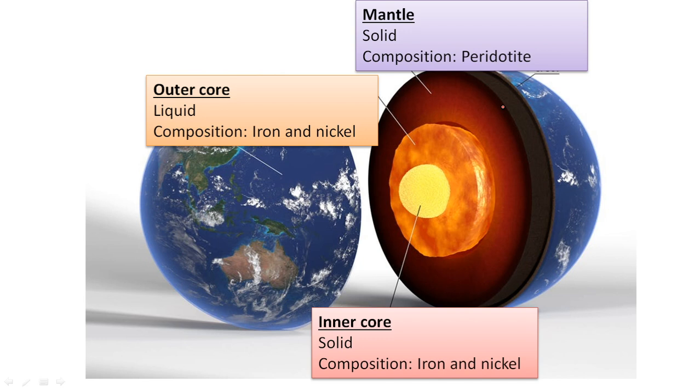The thickness is 2,900 kilometers. And the main component is peridotite. Peridotite is also a very dense rock which has a lot of olivine, which is a mineral.